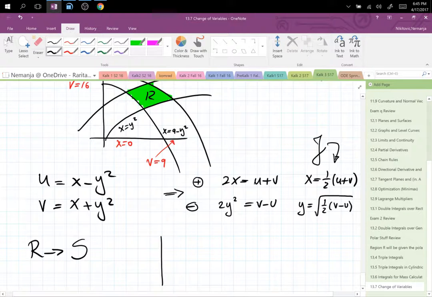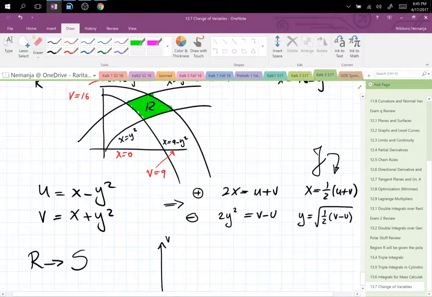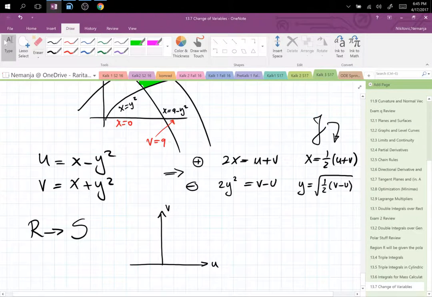So how does the region look like? U and V. So V is 16 and 9. Okay. 5, 10, 15, 20. So 16 and 9, and then negative 4 and 0. Yes, there it is.